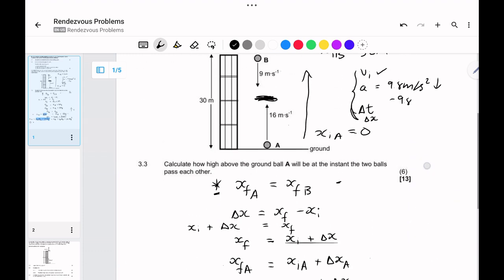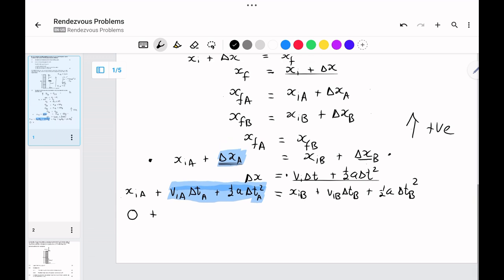Now the initial velocity of A was 16 meters per second. Because up is positive, that's positive 16, multiplied by the time for A plus 1/2 times minus 9.8, because up is positive, times the time for A squared.